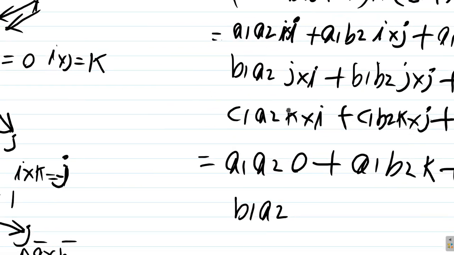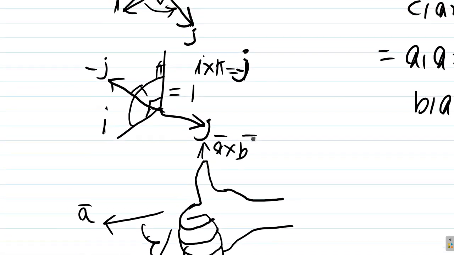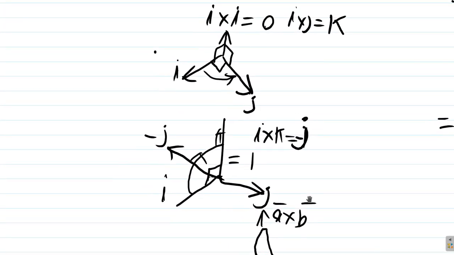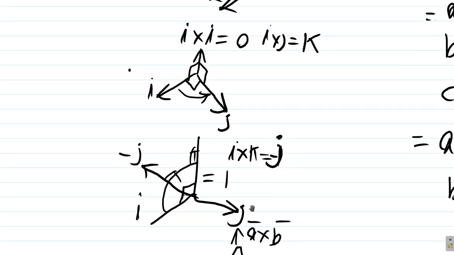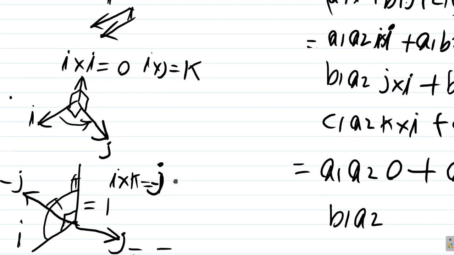J cross I. If you're having J cross I, J is here, I is here. I'm going to curl my fingers from J to I. Well, my thumb will be pointing downwards. So J cross I equal negative K.